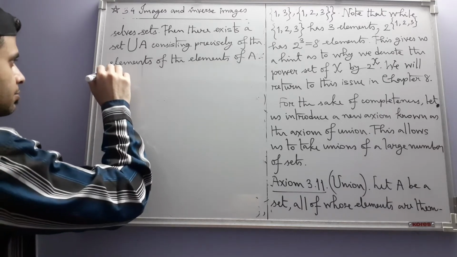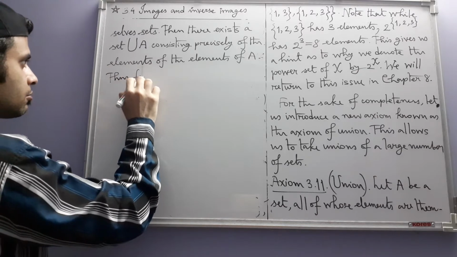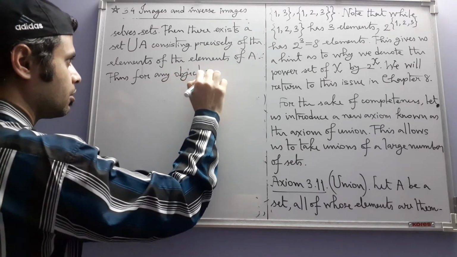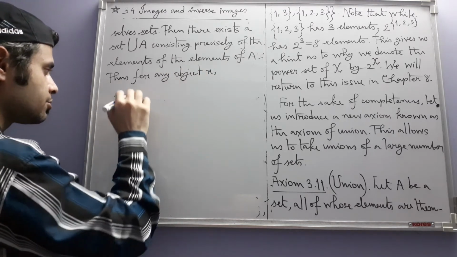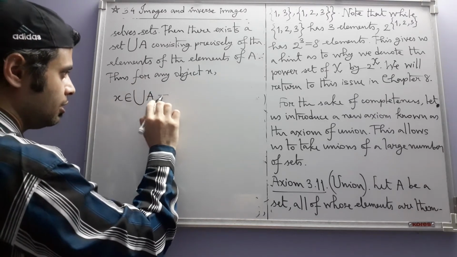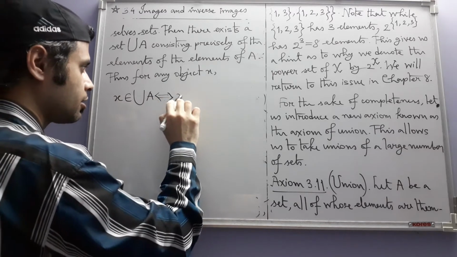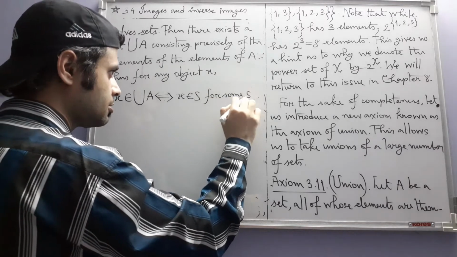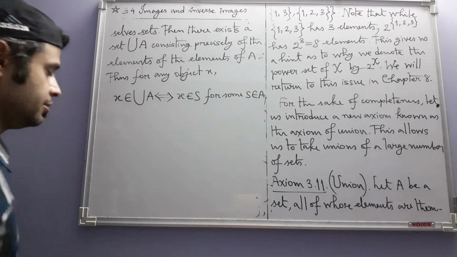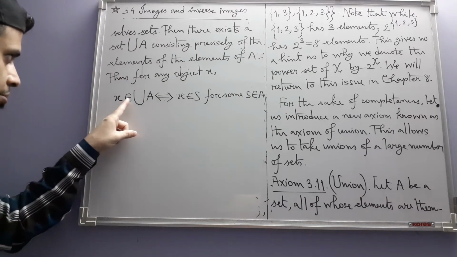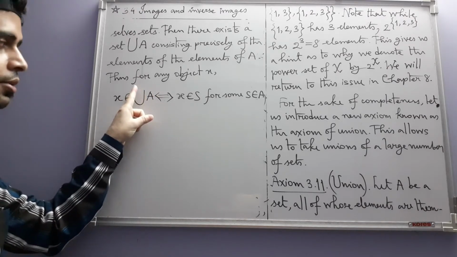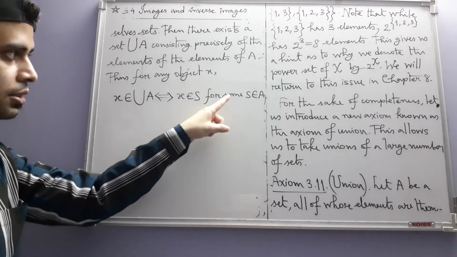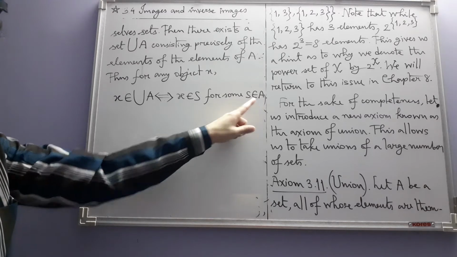Anyway, thus for any object X, X belongs to the union of A if and only if X belongs to S for some S belonging to A. That is, an object will be an element of this union if and only if the object is an element of some set which itself is an element of this collection A.